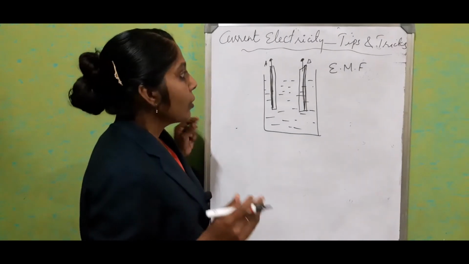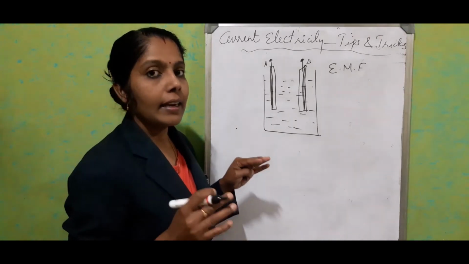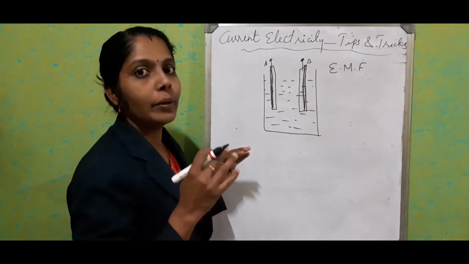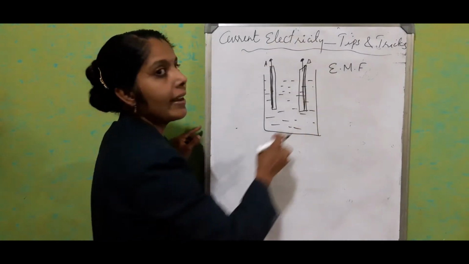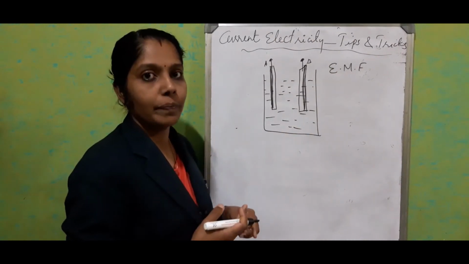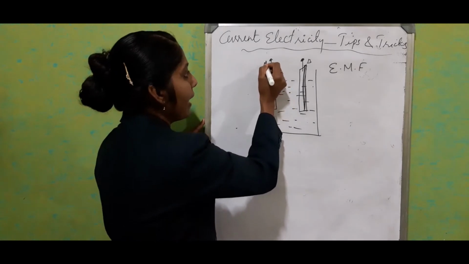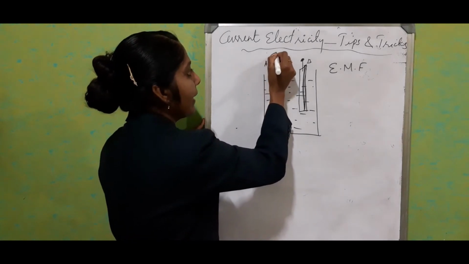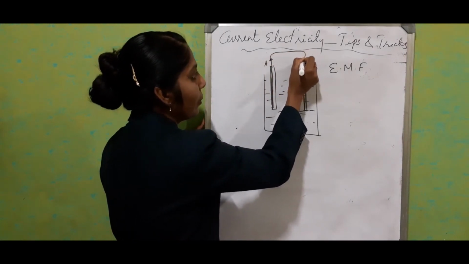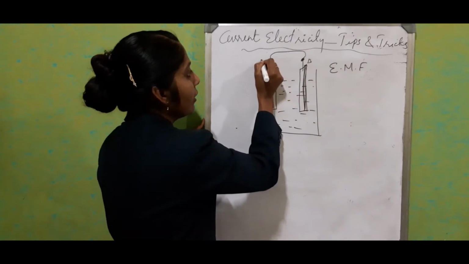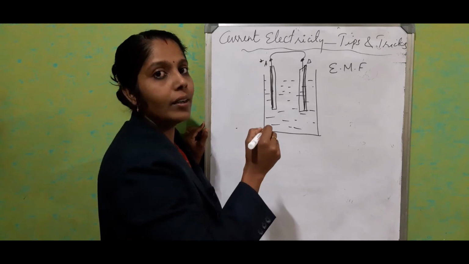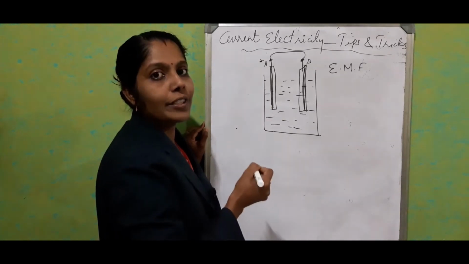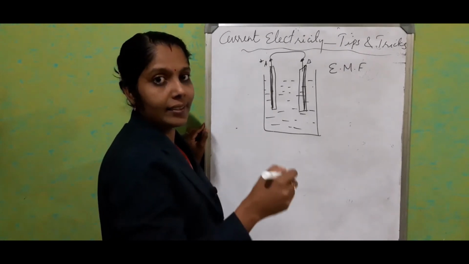In the case of EMF, it is the amount of work done to carry a unit charge through the entire circuit. That means if you are starting from A and it is connected to an external circuit to B, this is our starting point. It's the amount of work done to carry a unit positive charge through the entire circuit.